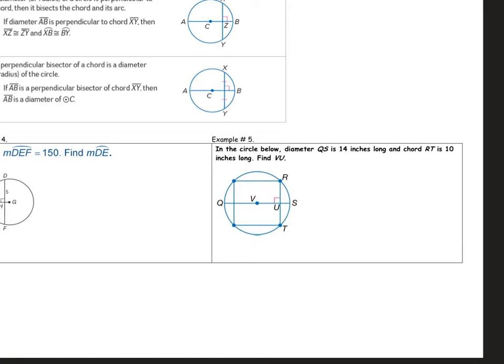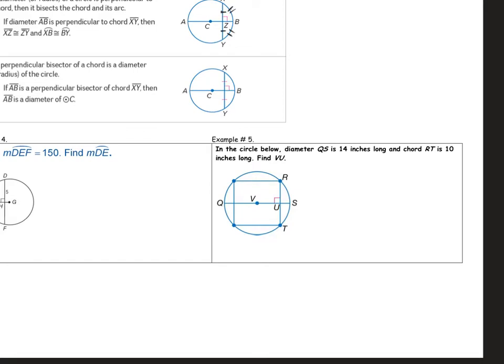So if diameter AB is perpendicular to chord XY, then I know that XZ and YZ are congruent. And since they are congruent, I know that arc XB is congruent to arc BY. Again, that diameter is perpendicular and it cuts that chord in half. So we would say it's the perpendicular bisector. And that's what theorem 9.4 is.